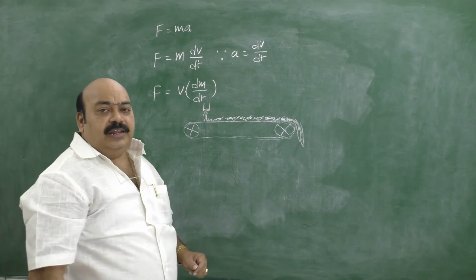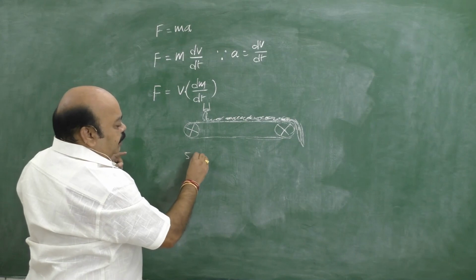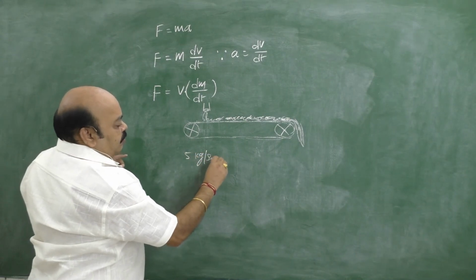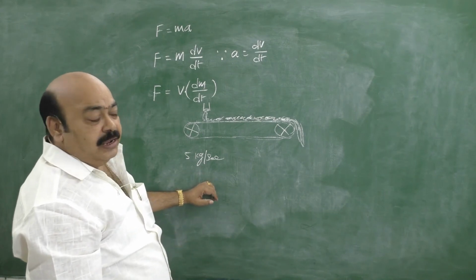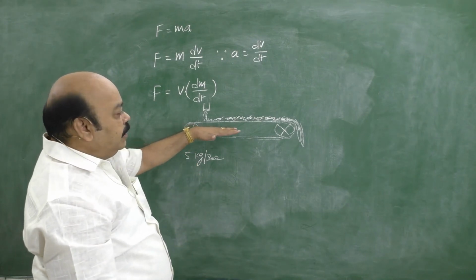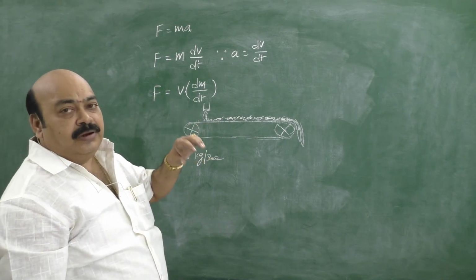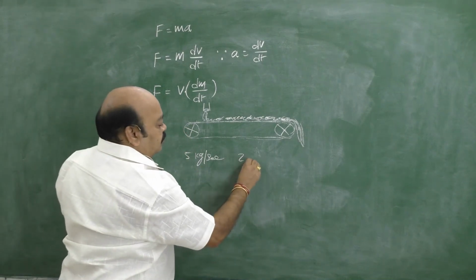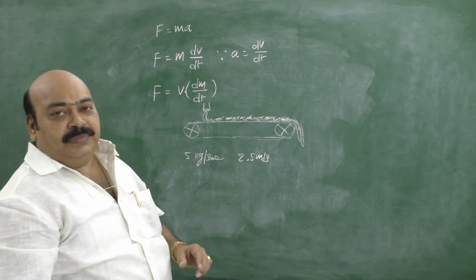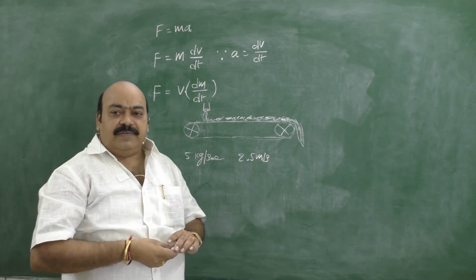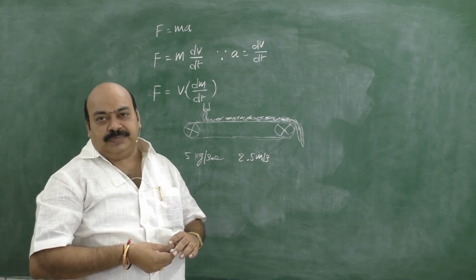Gravel is falling vertically on a conveyor belt at a rate of 5 kg per second. What is the force required to maintain the conveyor belt moving with a constant velocity of 2.5 meter per second? Once again, gravel is falling vertically on a conveyor belt.